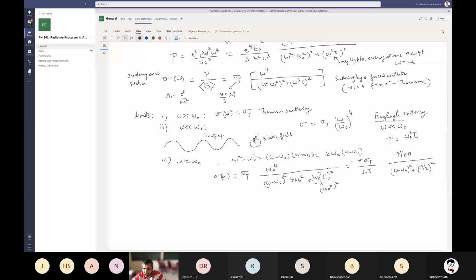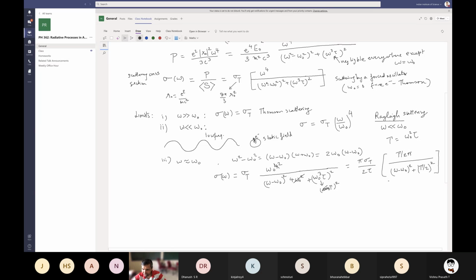I substitute for omega, so omega naught square gets cancelled, and this also cancels. So we have omega naught squared by omega minus omega naught squared, and then we define omega naught squared tau as gamma. So we have something like this.